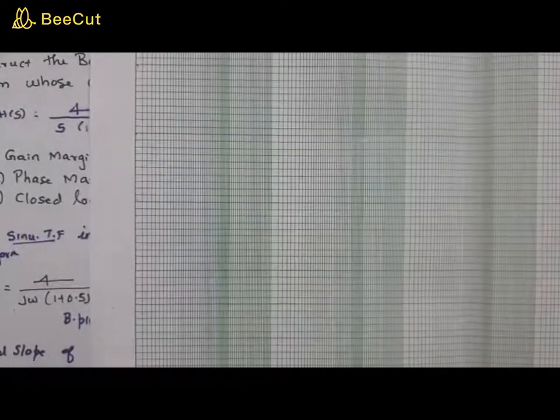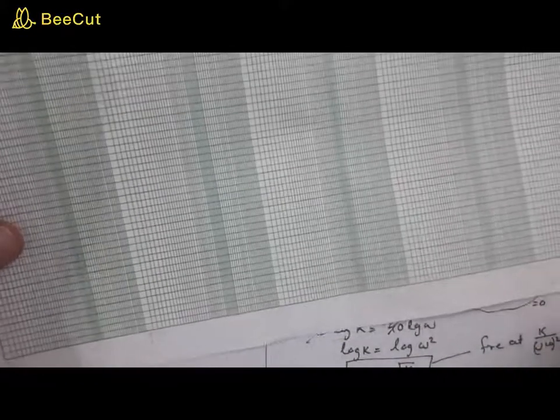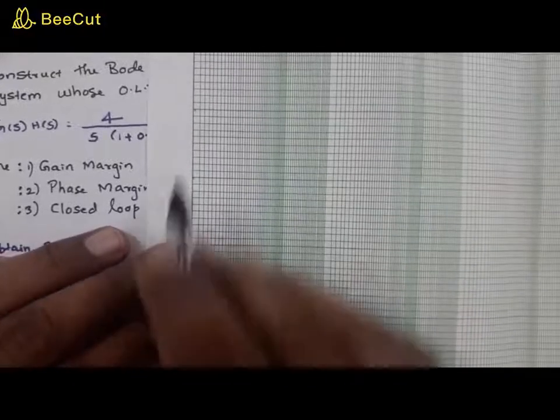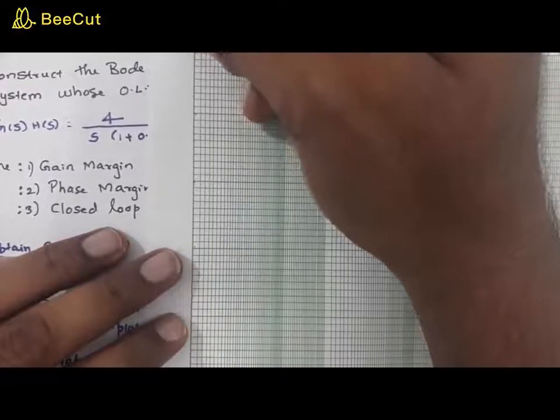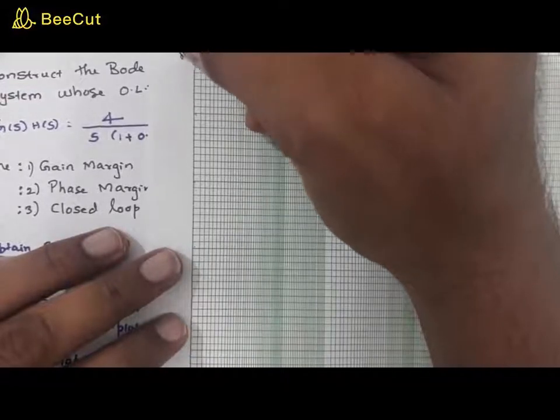The vertical axis is just like a normal graph, while the horizontal is logarithmic in nature. That's why the name semi-log. We have already assigned the horizontal axis to frequency, on a logarithmic scale, to accommodate all the frequencies. On the vertical axis you will be plotting the magnitude in decibels.